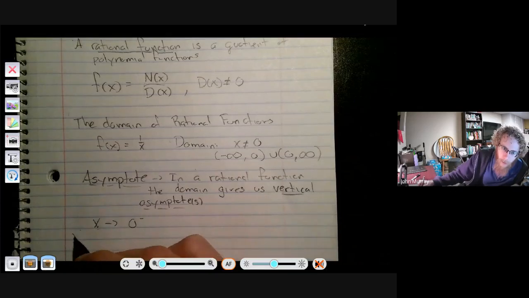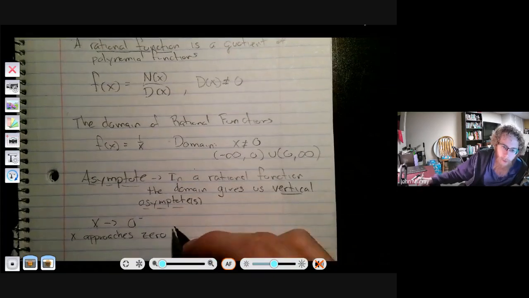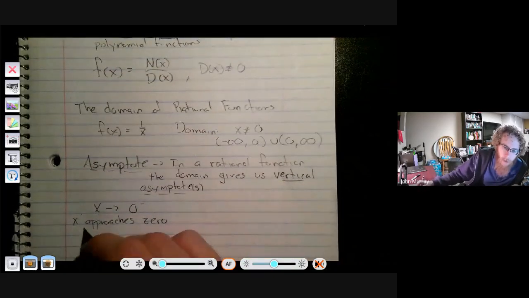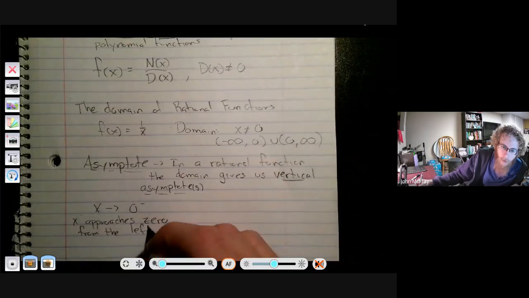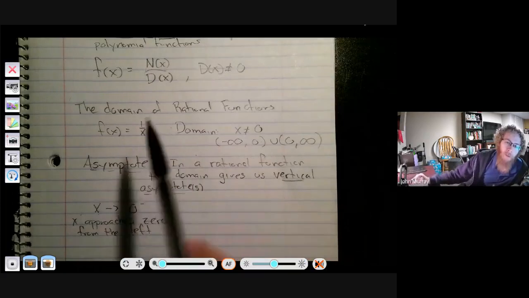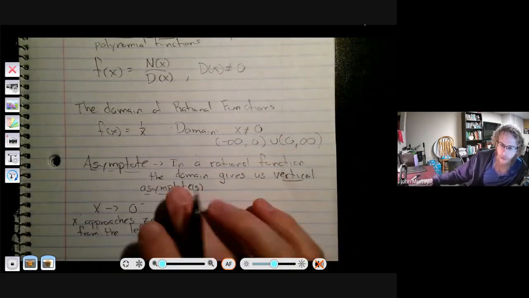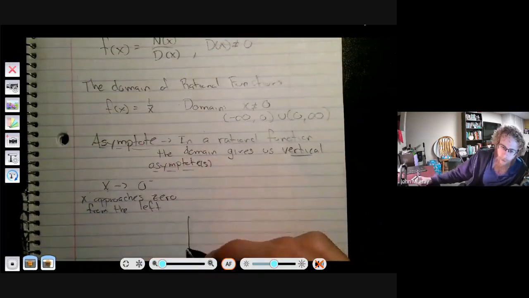So this is saying as x approaches 0, and now you're going to see a little plus or minus up here. And what that means is, are we approaching from the left or from the right? Now be careful. It can be a little confusing. So let me draw a quick graph here.